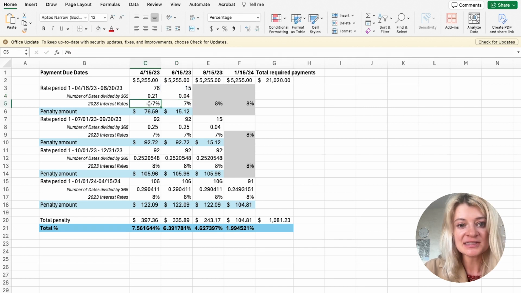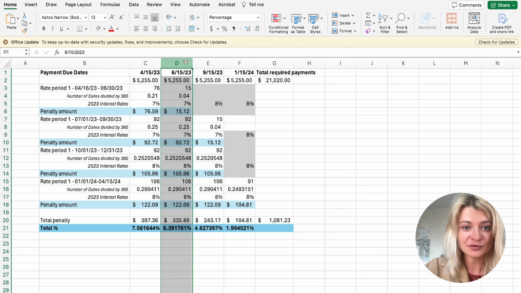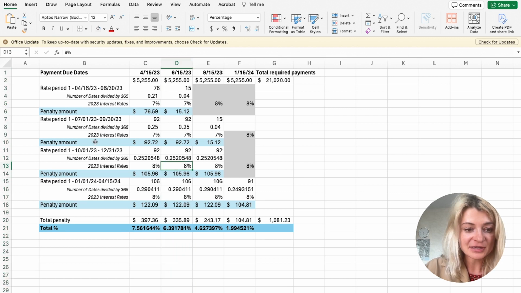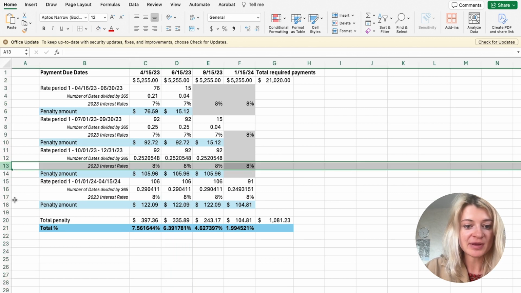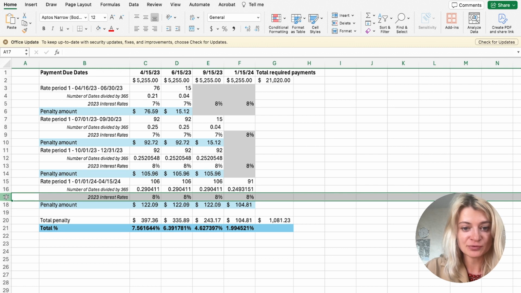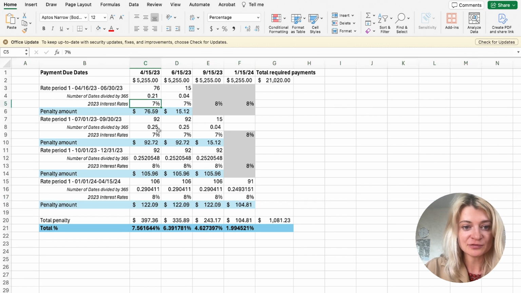The short-term federal interest rates are posted on the IRS website. For 2023, they were 7% for the first 2 quarters, and then they increased to 8% for the last 2 quarters. For 2024, they will be 8% for the first 2 quarters, and who knows, they might increase to 9% or stay at 8% for the rest.